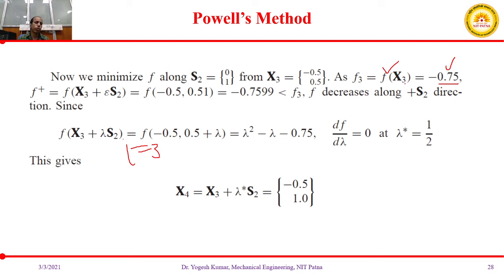Yes. Because now we have two such directions, one along S1 and one along S2. If you try to see what we did in order to check whether we have got the optimum value or not, we again did a cross check at this point. We are checking whether we have reached the optimum point or not.